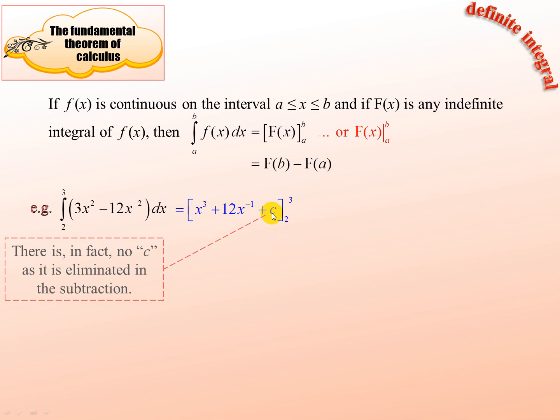That c is sort of faded because there's no c really, because have a look here, F of b minus F of a, that has the c and that has the c, so the c is gone. So therefore we're just going to substitute 3 into there and 2 into there and subtract, and that gives us our definite integral, 17.